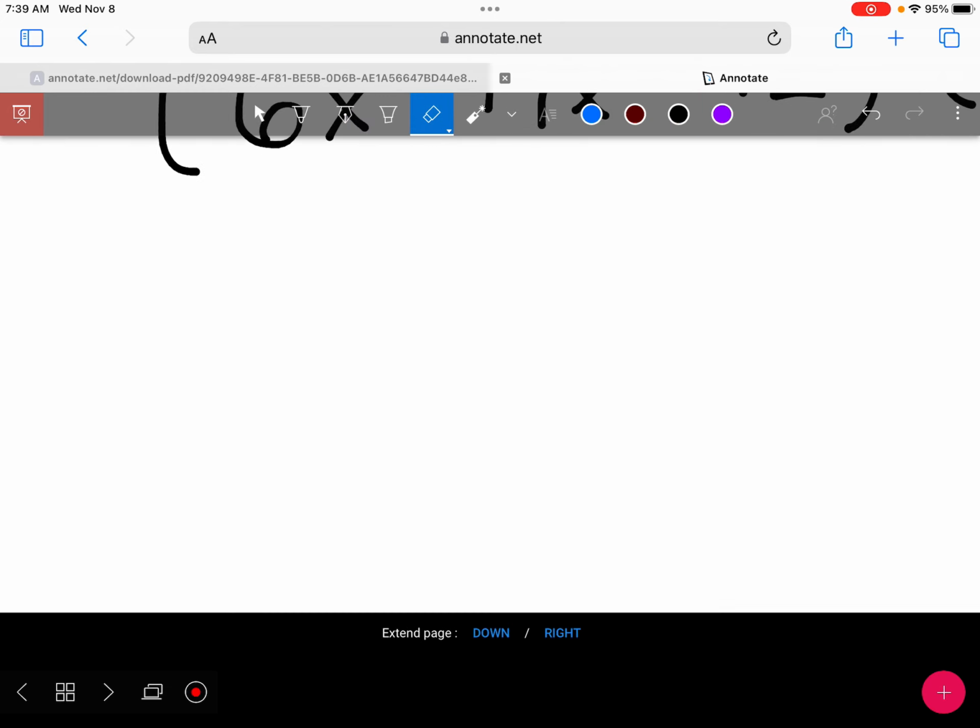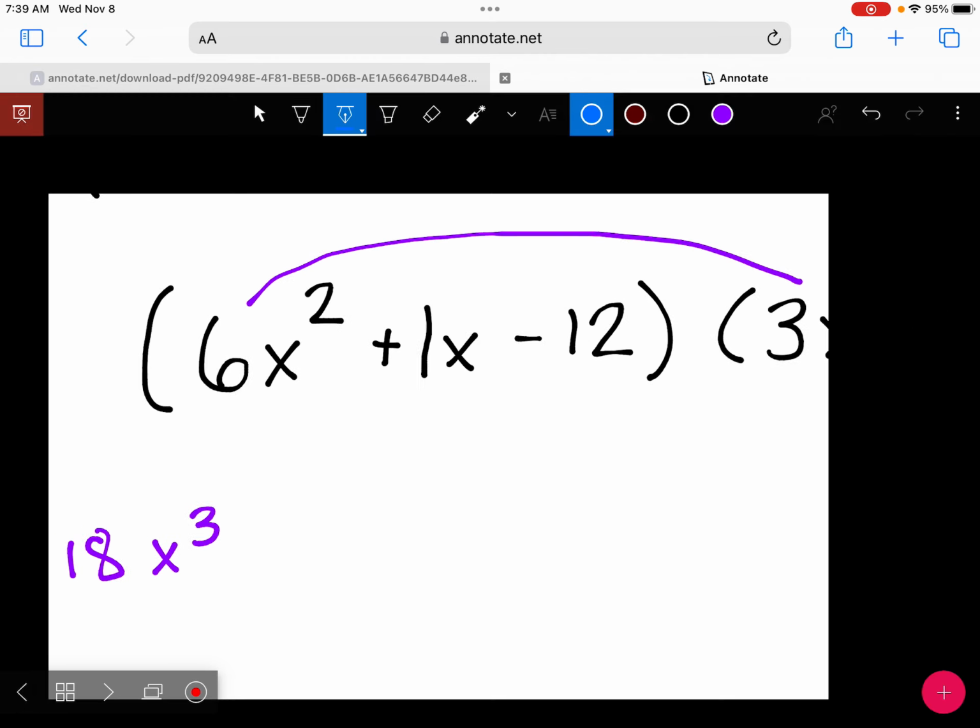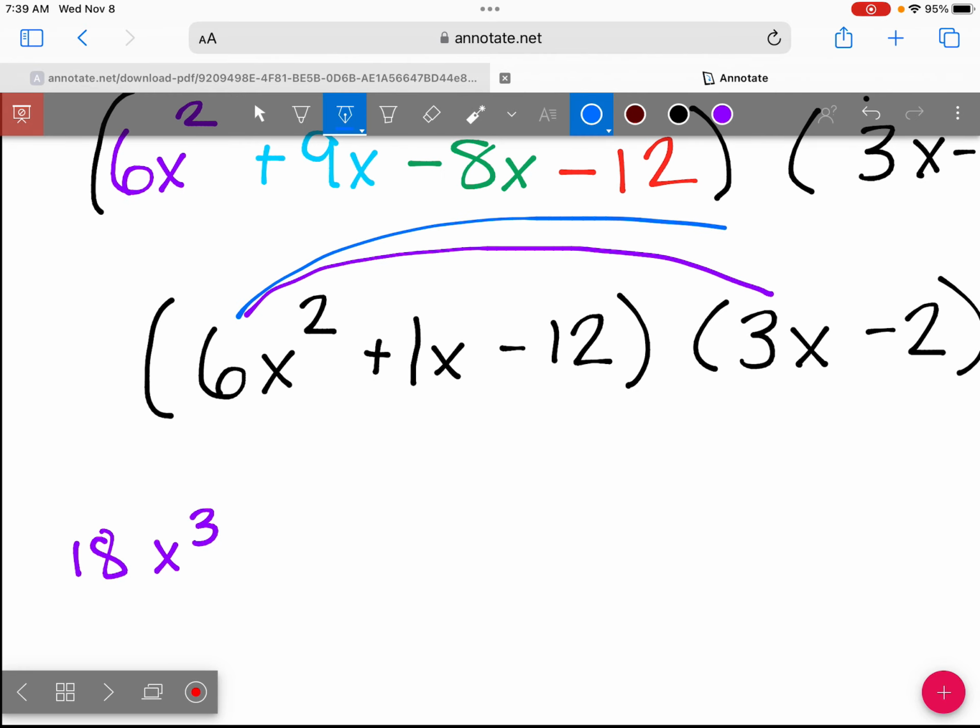I'm not going to have any space for arrows. Then I'm going to take my 6x squared times my minus 2. 6 times negative 2 gives us negative 12x squared.